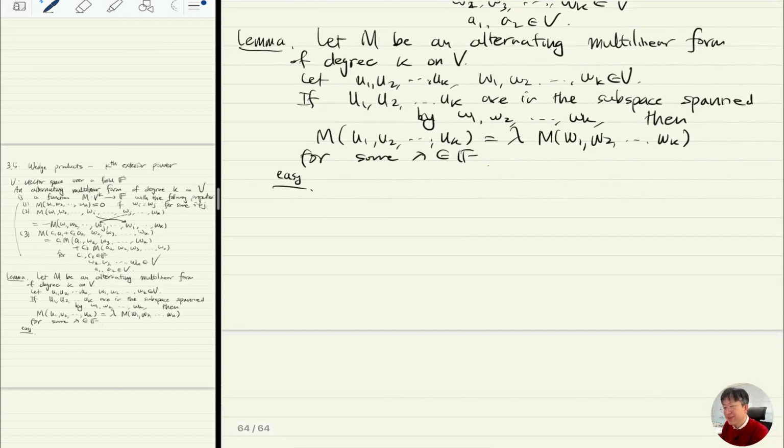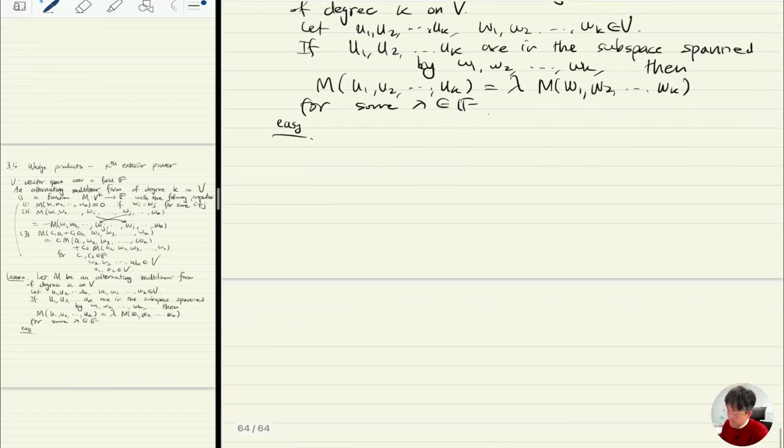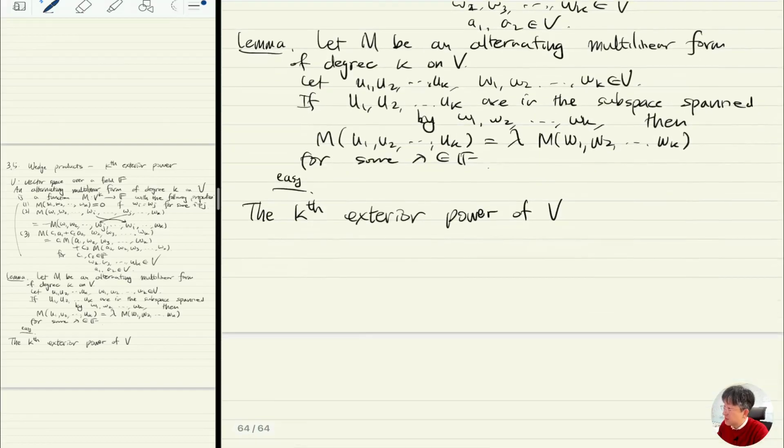Now we are ready to define the k-th exterior power of V, with a finite dimensional vector space, but anyway.